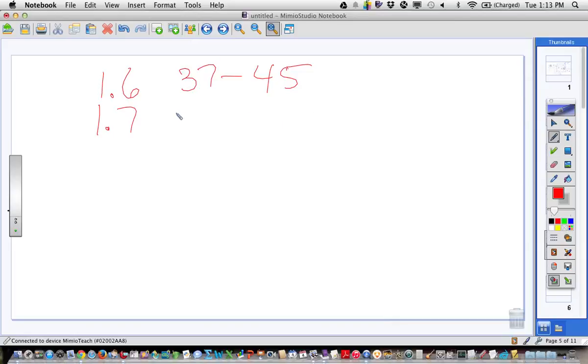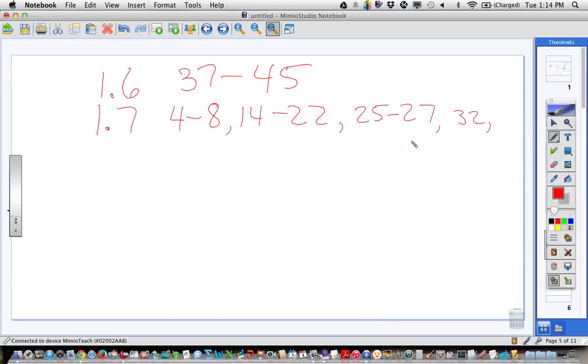For 1.7, we're going to do 4 through 8, which we're going to do together here in a second. Then 14 through 22, which is another one of those sections that ask you a bunch of questions about an f prime. f double prime probably is going to be involved here a little bit. 25 through 27, we're going to do number 26 together here.